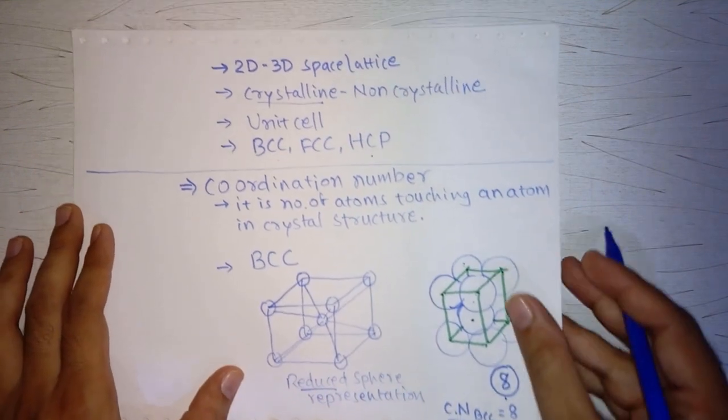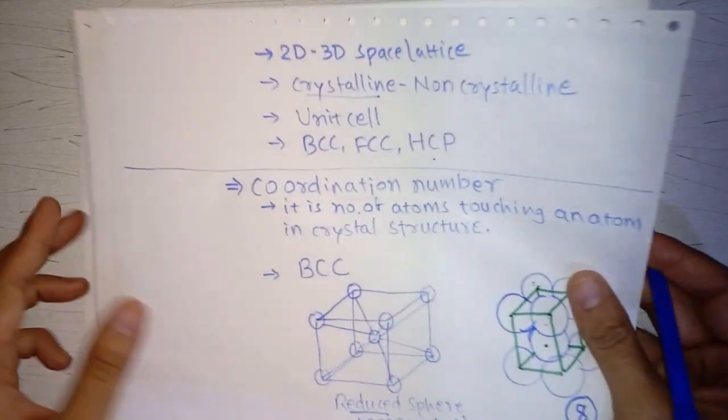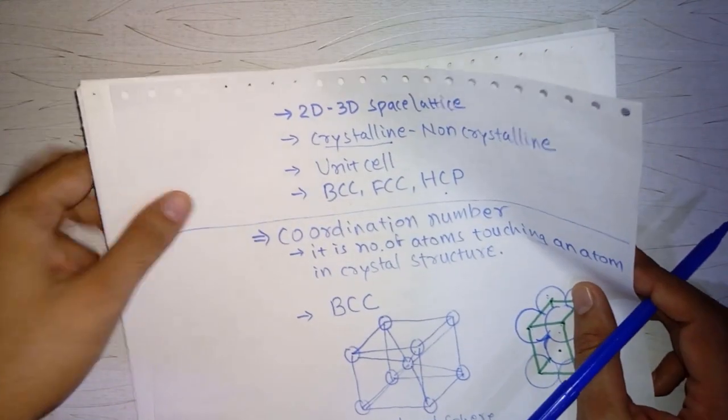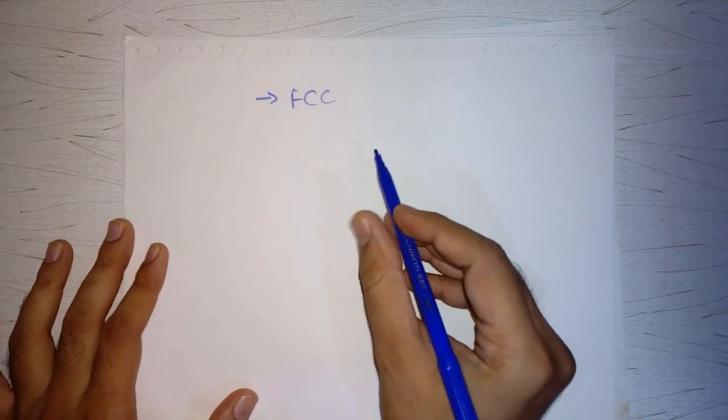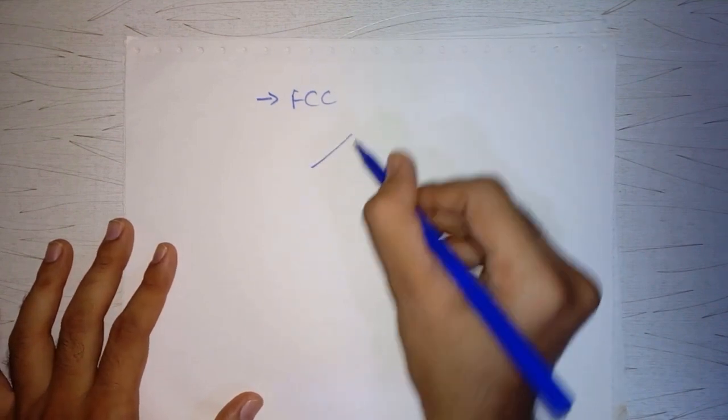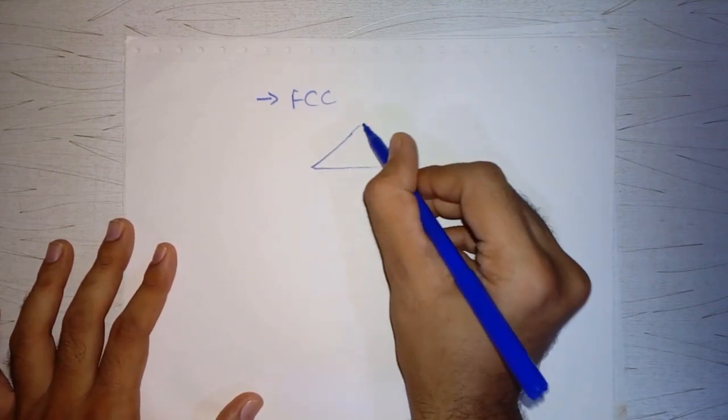Right? So similarly, now if we discuss FCC, how did we represent FCC in the previous lecture?